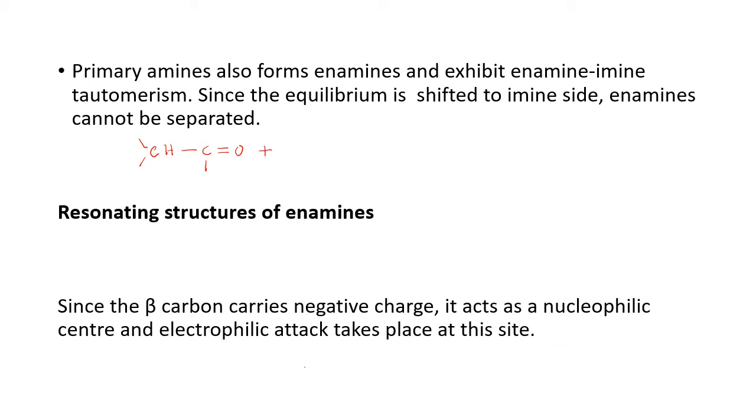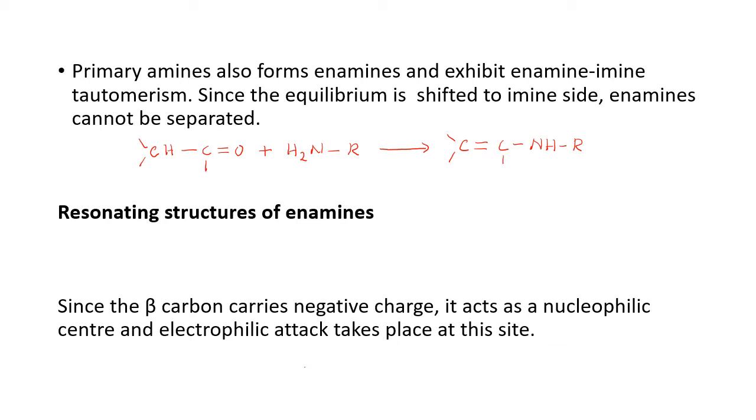So if we consider the condensation between a primary amine and a carbonyl compound having alpha hydrogen, the resulting enamine will be having the structure C double bond C, then NHR.